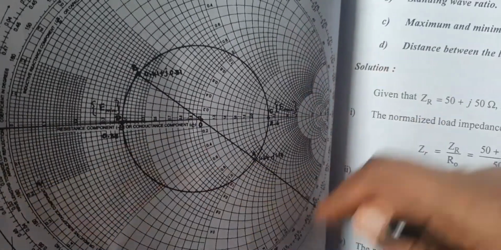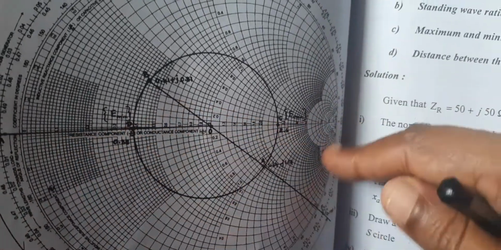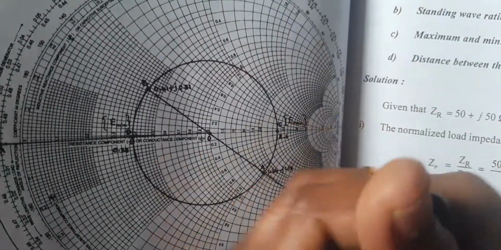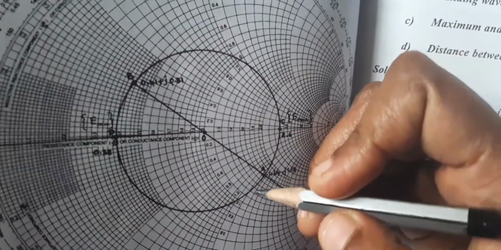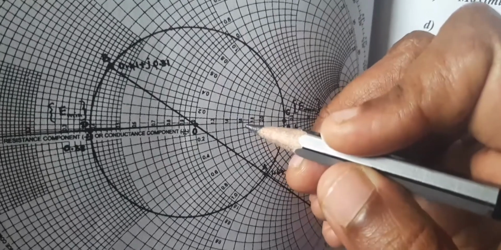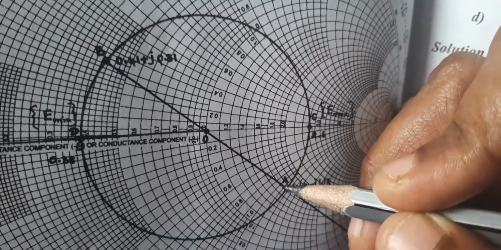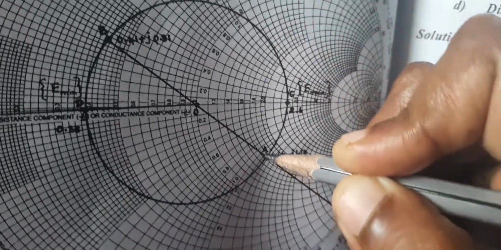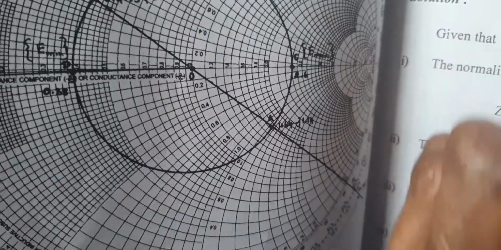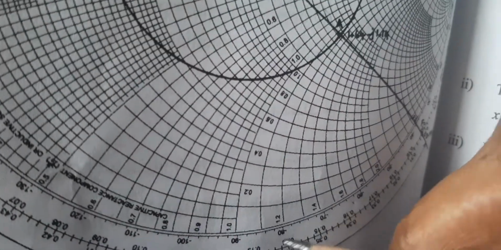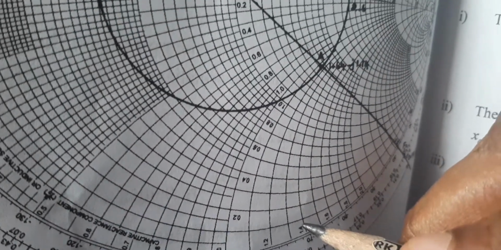Negative is the capacitive component. So what do we do? In the above component we take positive, in the below component we take negative. Now minus 1.14, with resistance 1.6. Okay, so on this arc, where is the 1.14? See here, it is 1.2 and it is 1.4.